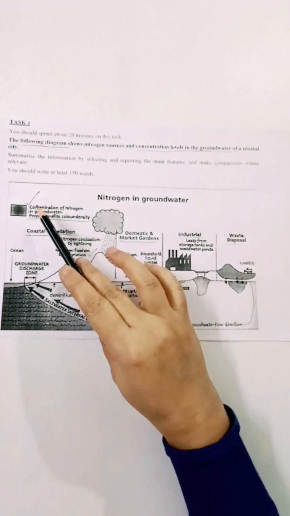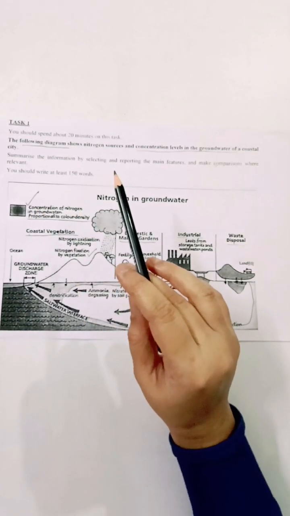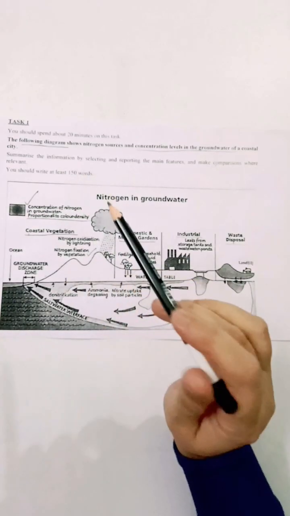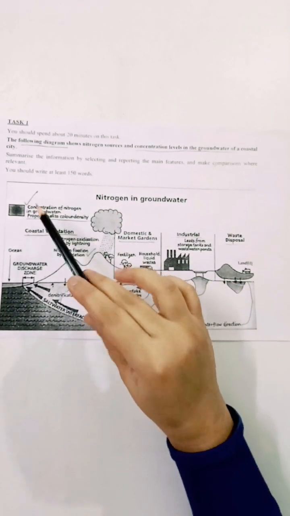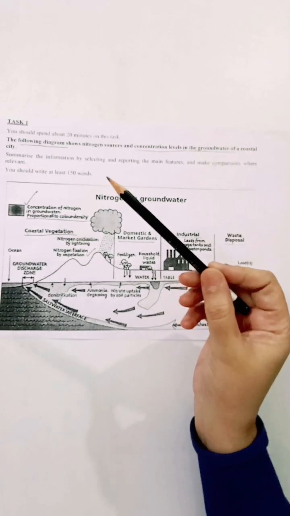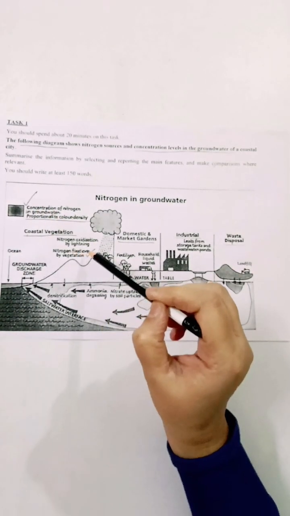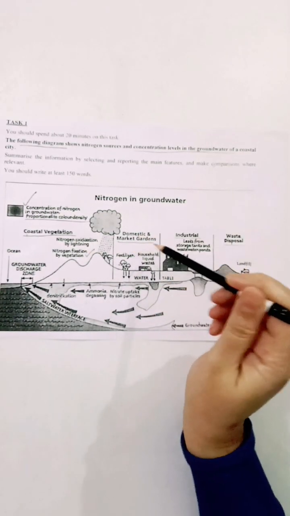As I told you, I have marked with light hands so that I should not get confused while writing the introduction. My full focus should be on the introduction and on the marks which I have made with pencil. I will be writing coastal vegetation, 5 major sections, namely domestic and market gardens.